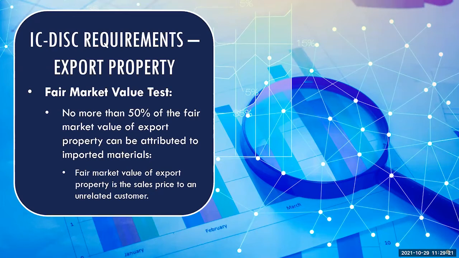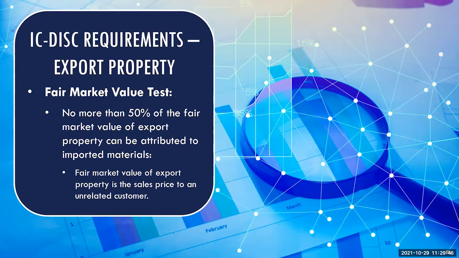So if we go back to that t-shirt example we used in the manufacturing test, if that plain t-shirt that you're using to add the graphics to was made outside the US, and let's say you bought that shirt for $5, you do your graphic adding to it, and then you sell the improved t-shirt for $20 to a customer.